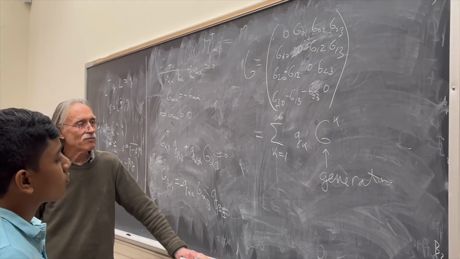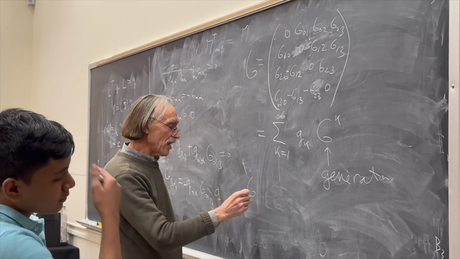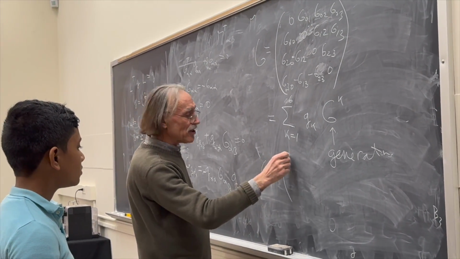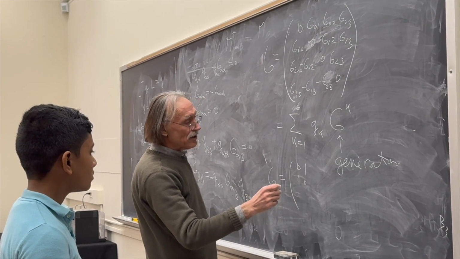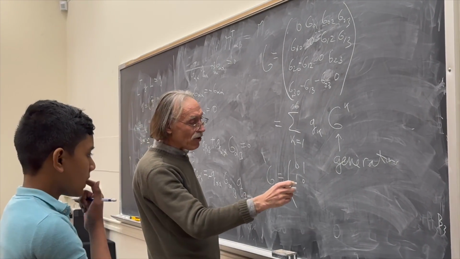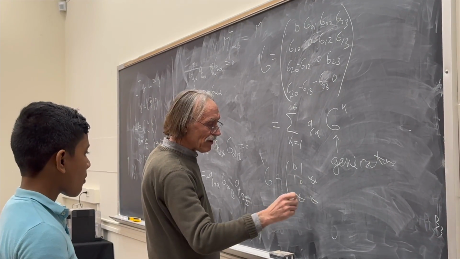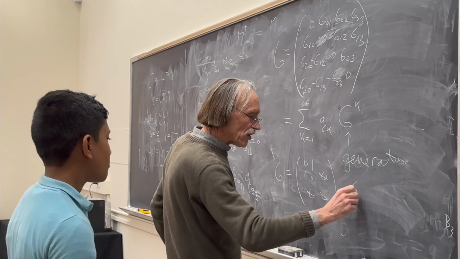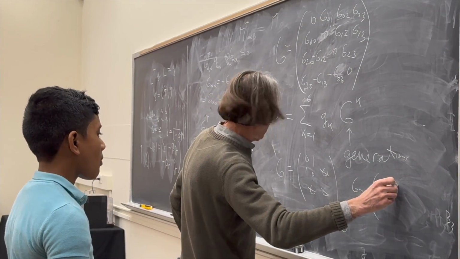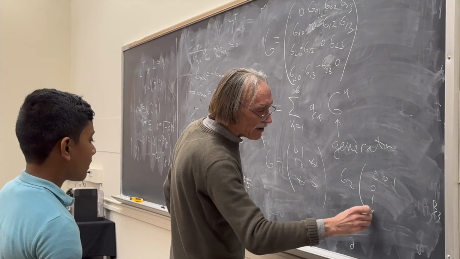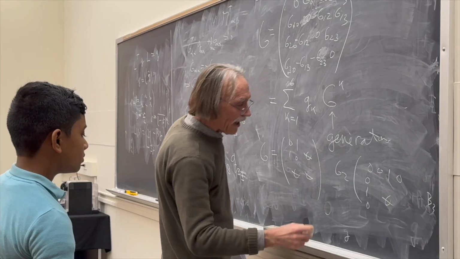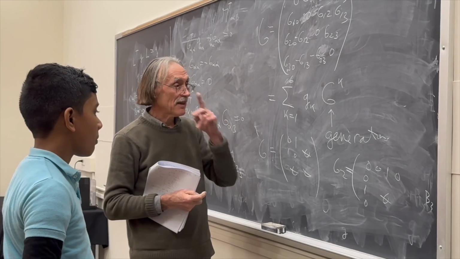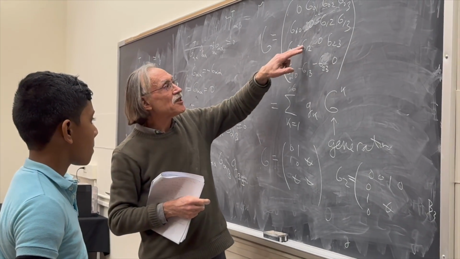We choose them very simple. There are 3 of this type: one is 0, 1, 0 so that it is a multiple of G01 and the rest 0. The next one is 0, 0, 1, 0, 1, 0, and the rest 0. And the third one is when the 1 is in the corner.